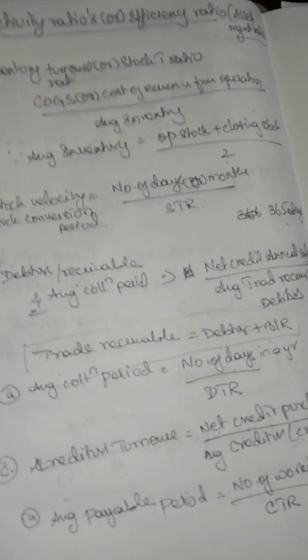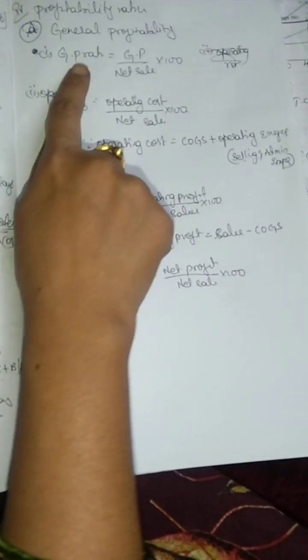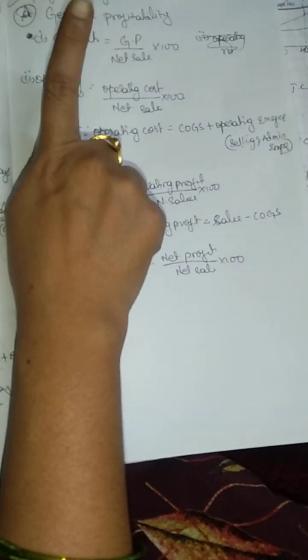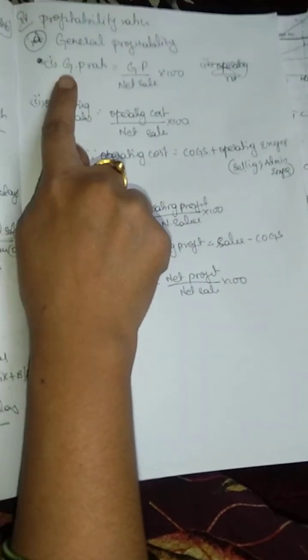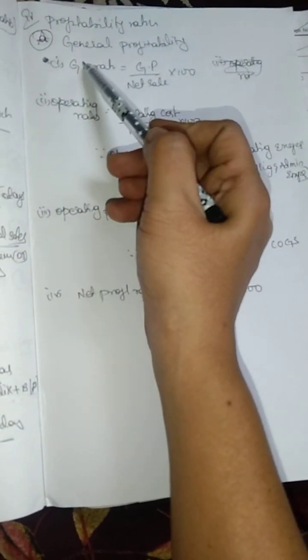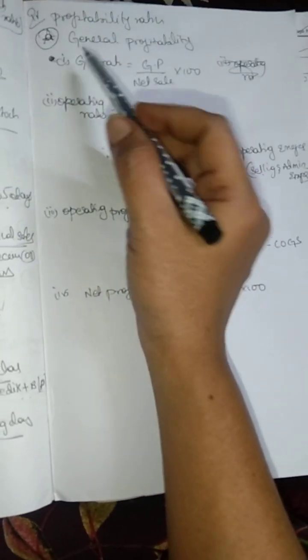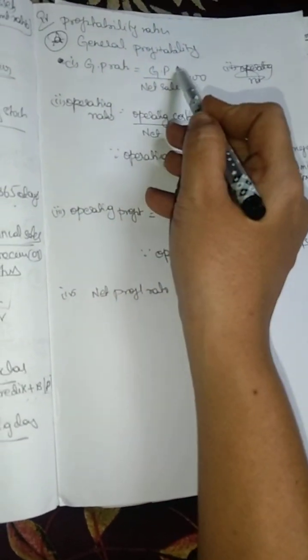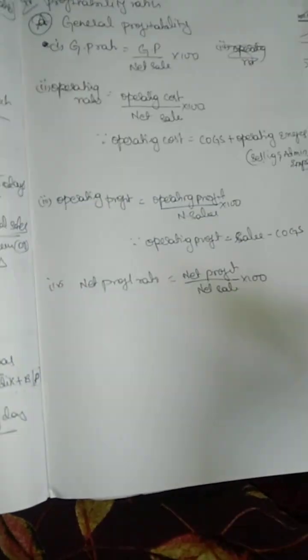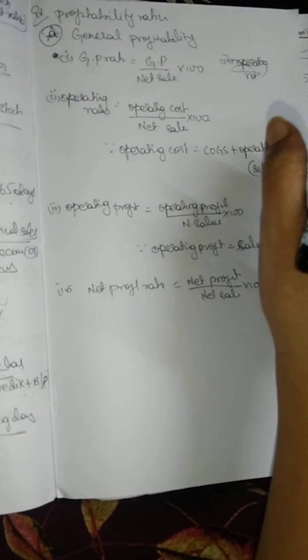Is this fine? Now here come the profitability ratios. Profitability ratios are again divided into two parts. This will be our last part in the formulas. First we are taking the general profitability ratios. These are very frequently asked questions.